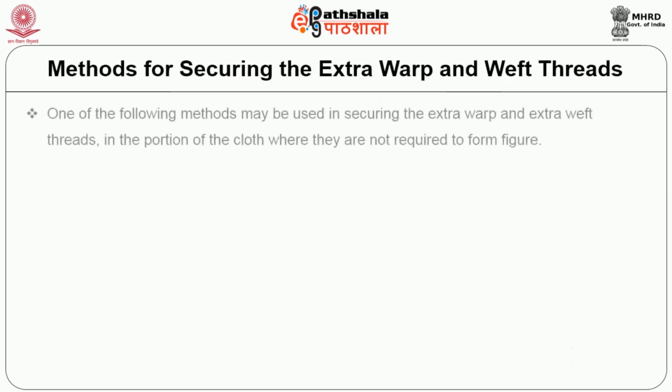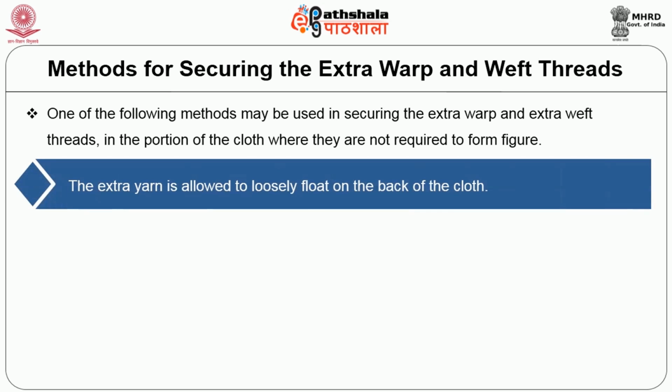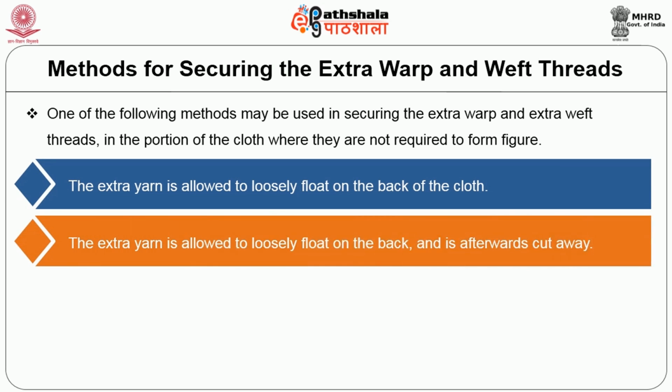So with this, we will go to the next thing, as to how to secure the extra ends which have been formed. The methods of securing the extra warp and extra weft threads which have been floating on the back of the fabric. One of the following methods may be used in securing the extra warp and extra weft threads in the portion of the cloth where they are not required to form the figure. The extra yarn is allowed to loosely float on the back of the cloth, or in some cases the extra yarn is allowed to loosely float on the back and it is afterwards cut and removed.